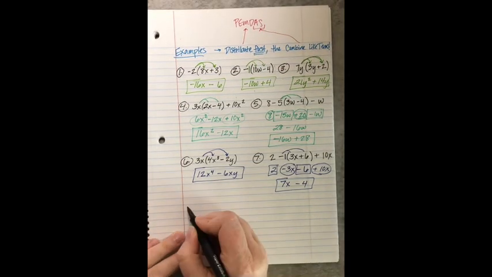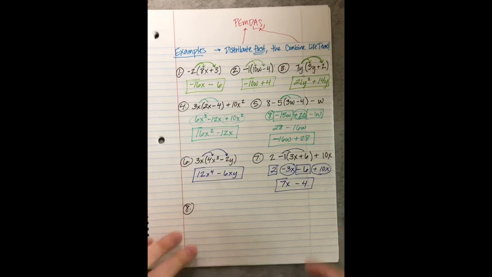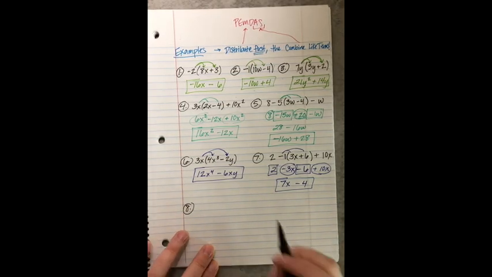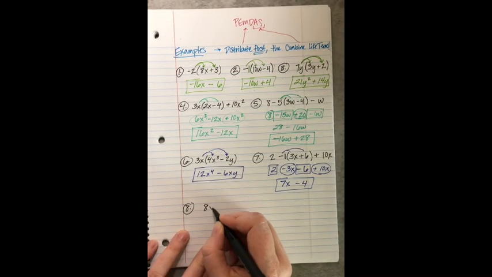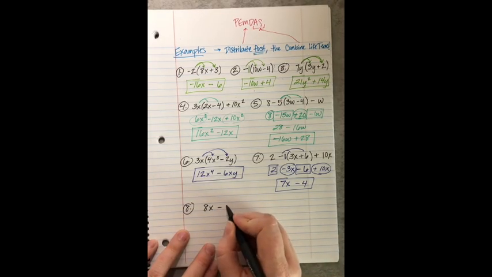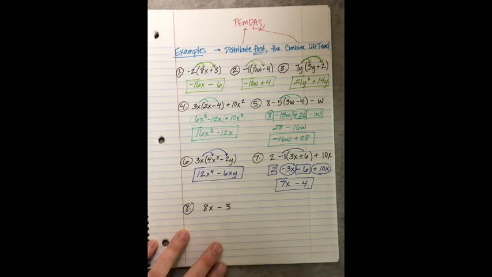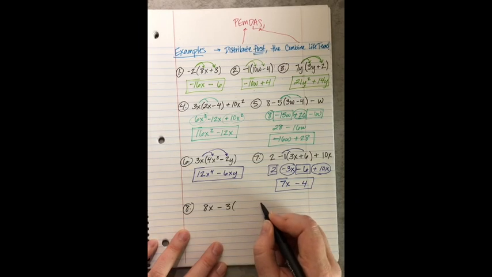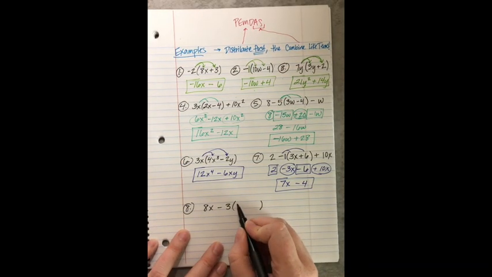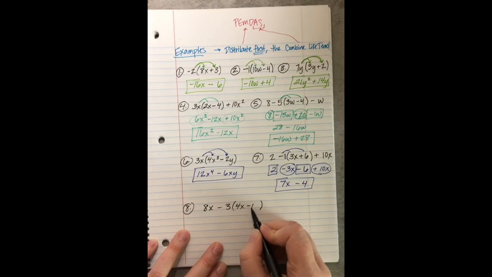Okay, we have one more problem, and this is your go big or go home problem. If you can do this, you can do anything. It's ginormous, by the way. Okay, let's start off with 8x minus 3. That 3 is right next to a set of parentheses. Inside the parentheses, you have 4x minus 10.